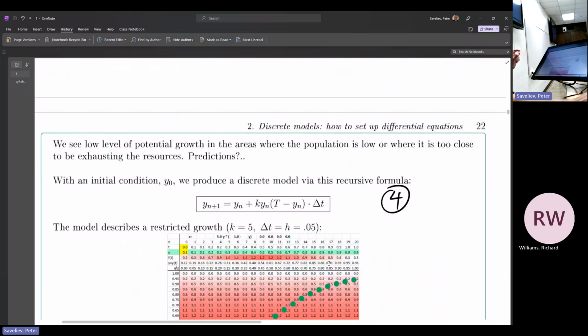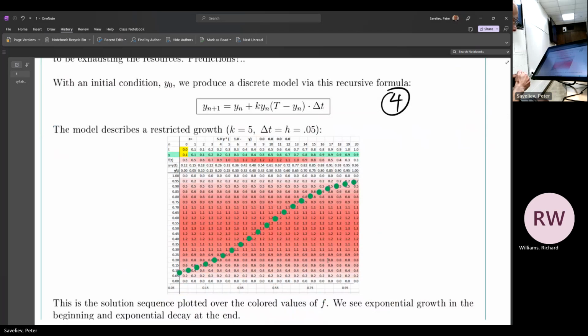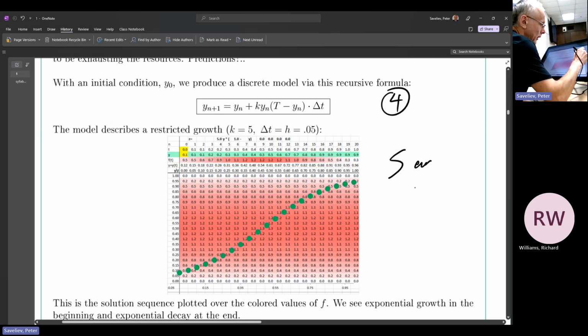So you repeat it from left to right, and then this is just plotting once again with Excel, which produces this curve. Okay, so exponential growth in the beginning, exponential decay at the end, also known as the S curve, as well as the logistic model of growth.